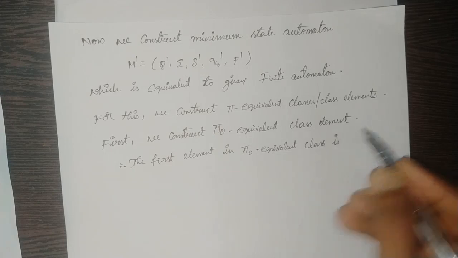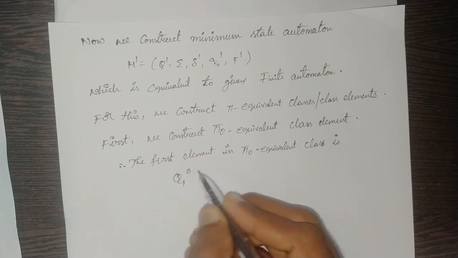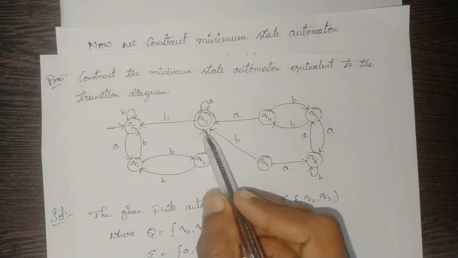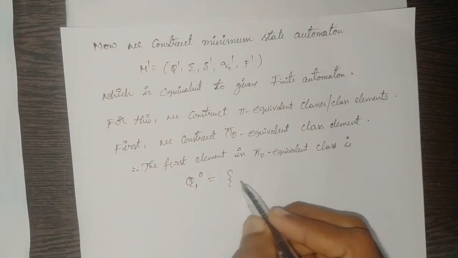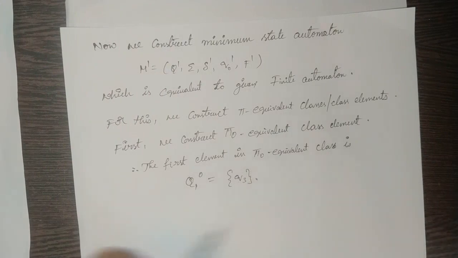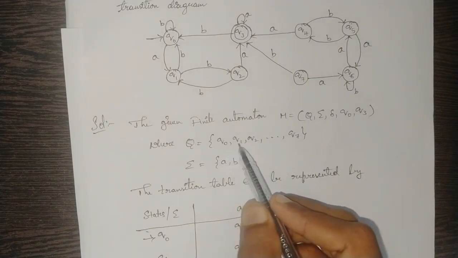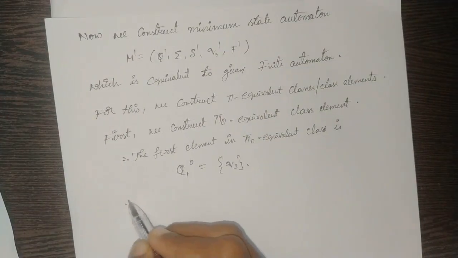The first class is denoted by Q1 naught. What is the final state here? Q3. So that is Q3. And the remaining elements, Q0, Q1, Q2, Q4, Q5, Q6, can be treated as the second element.